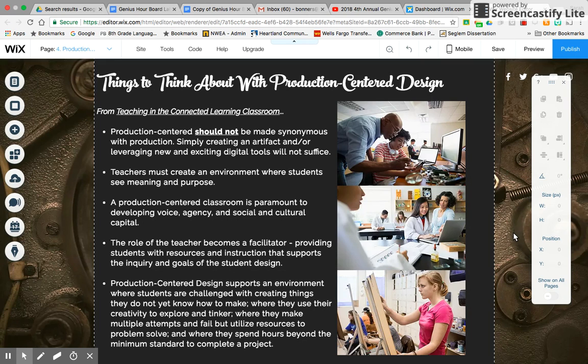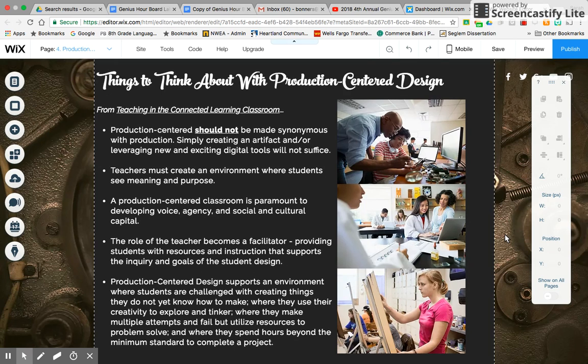It's the idea that students are producing knowledge at a deeper level, knowing that they are solving a problem or being creative in their exploration of all this material that you're asking them to produce. They're developing voice and agency, and social and cultural capital speaks to something that means something to them, and not just doing it because it's an assignment.